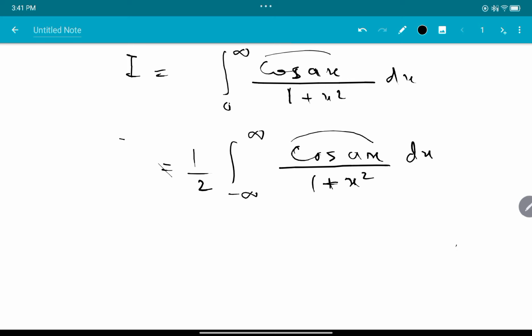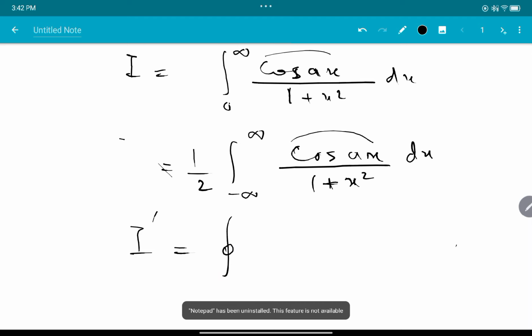We change this real integral into its equivalent complex contour integral.